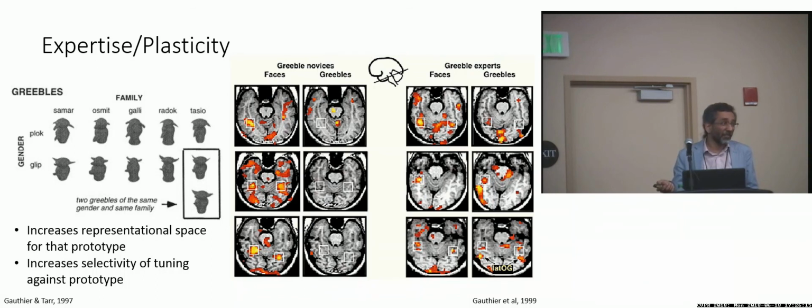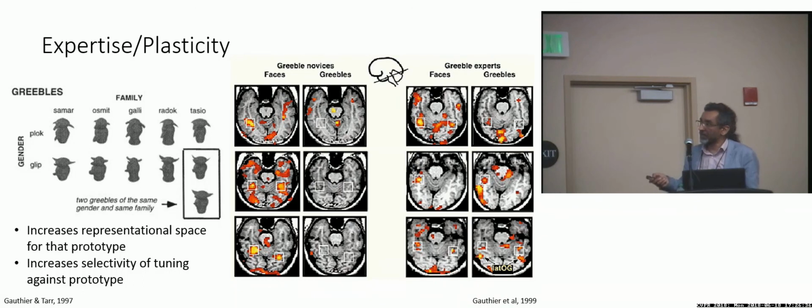Kind of looks like a face, but there's not enough activity for them to identify the face, and they do very poorly at the family and gender task. But you train them a lot till they do really well, and now they're an expert. You put them back in. You've got your face areas, and now you get activity in the face areas when you show them greebles for greeble experts.